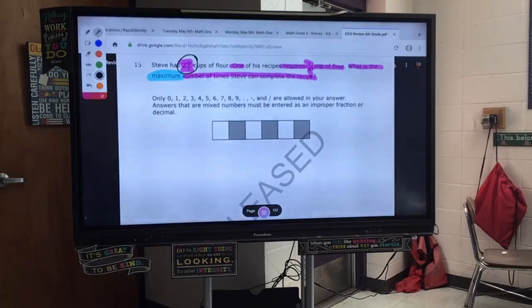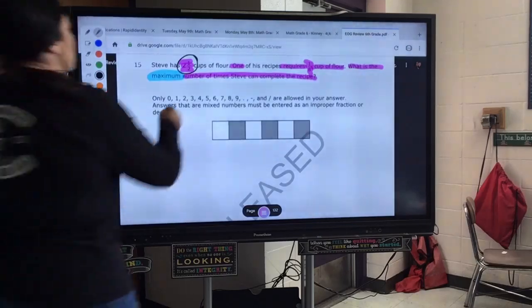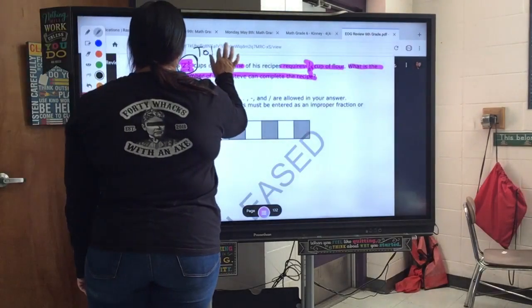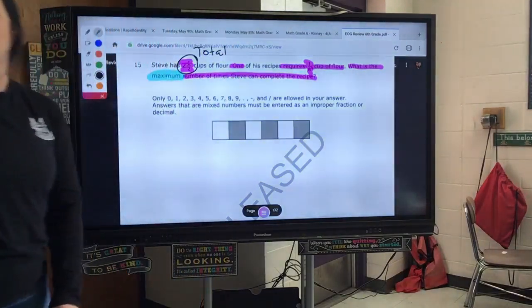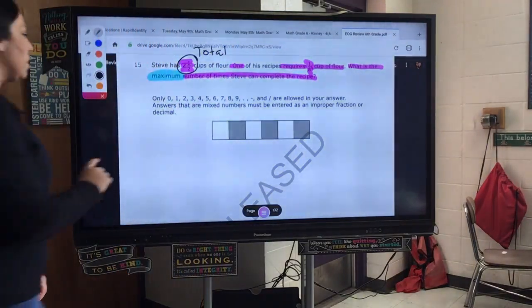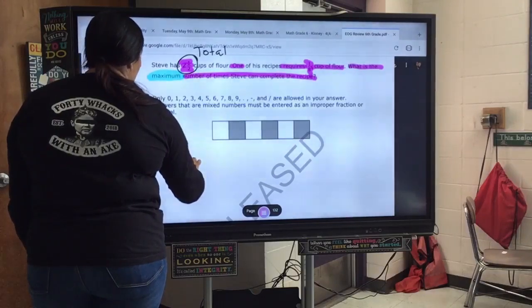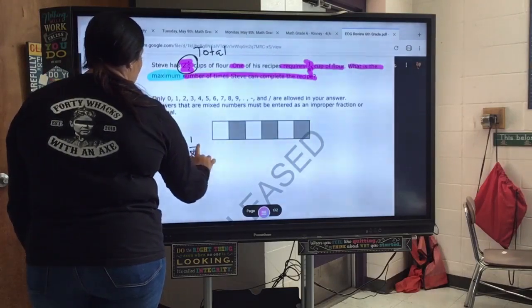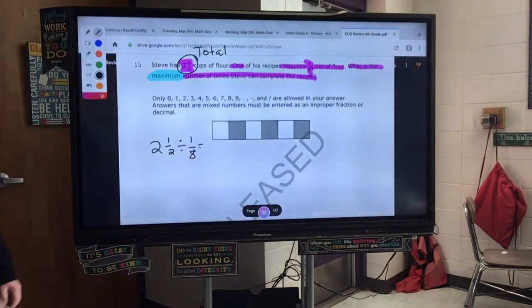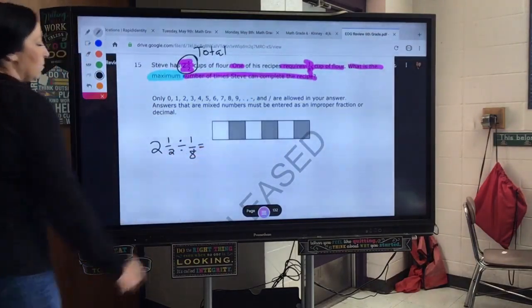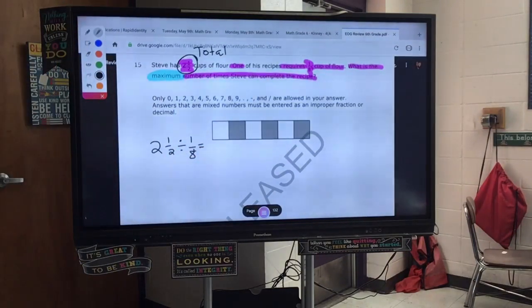So this is our total, and Kaya, why is it important for us to know that our total? Because it's how many cups of flour here. Right. So we are going to do 2.5 divided by 1/8. All right, do that in your notebook. Stand up when you have your answer. I don't care which method you use, just make sure that you can answer questions that I'm going to ask.